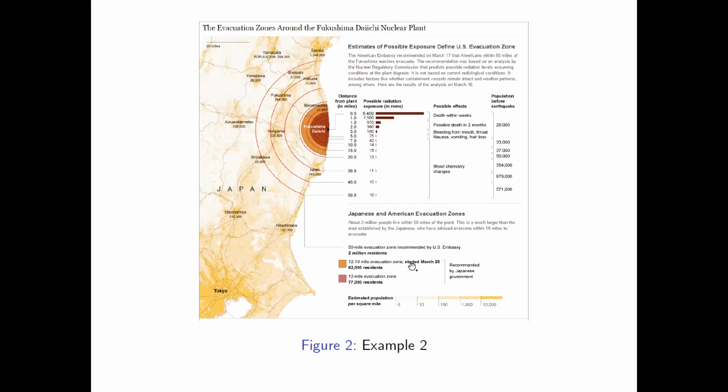And you can also see the lower panel is a summary comparing Japanese and American evacuation zones, where the deeper color represents the larger estimated population per square mile. So in the right panel, four pieces of information are delivered. And this is the second feature of data visualization, that is to use a single plot to deliver multiple pieces of information simultaneously.